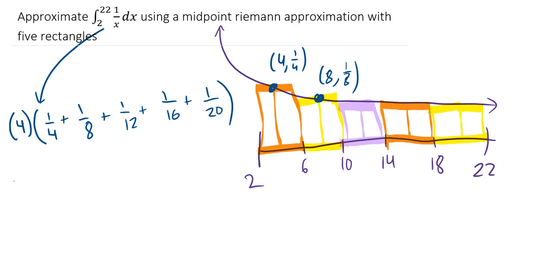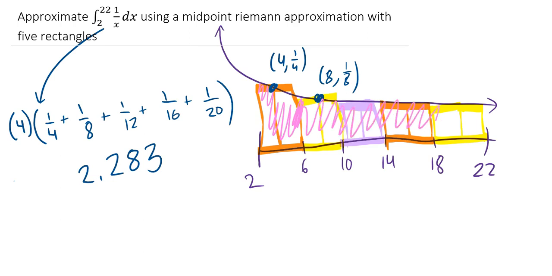This comes out to 2.283. The actual area comes out to 2.398. So again, phenomenal approximation.